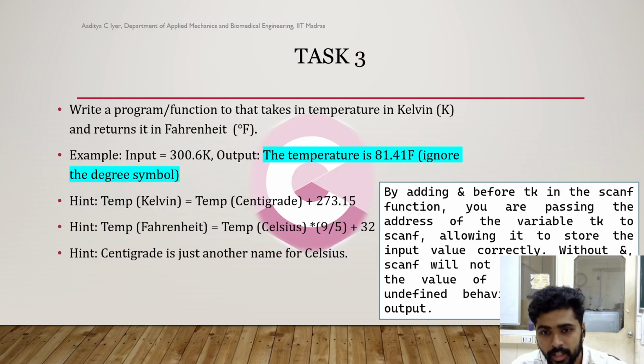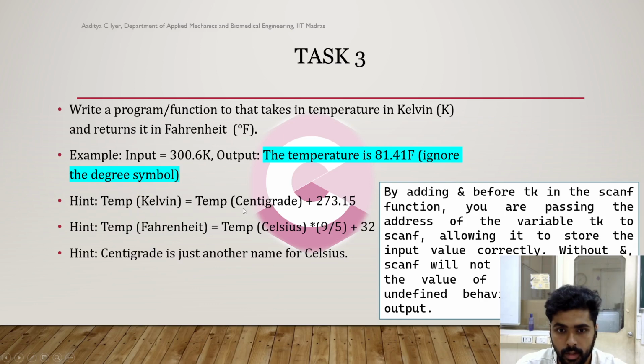So then we covered these two problems. The first one was this thing. We had to write a program or a function that takes in the temperature in Kelvin and gives me the output in Fahrenheit.